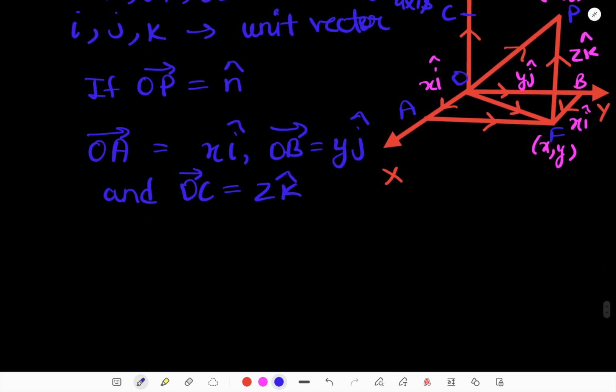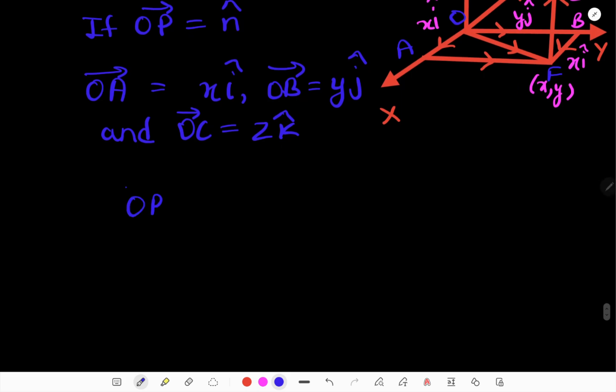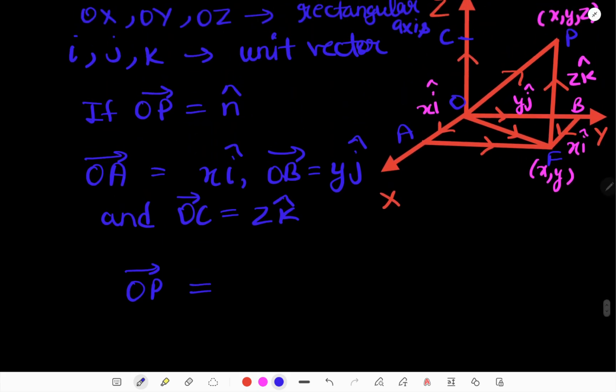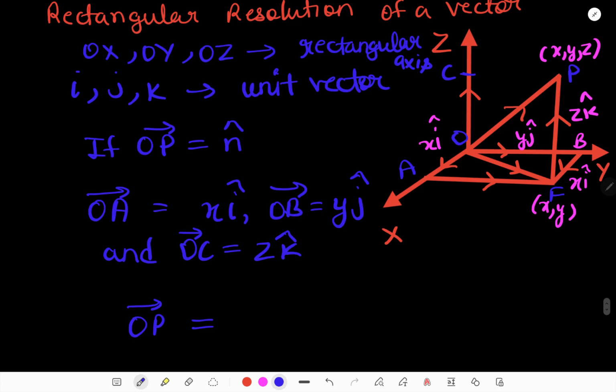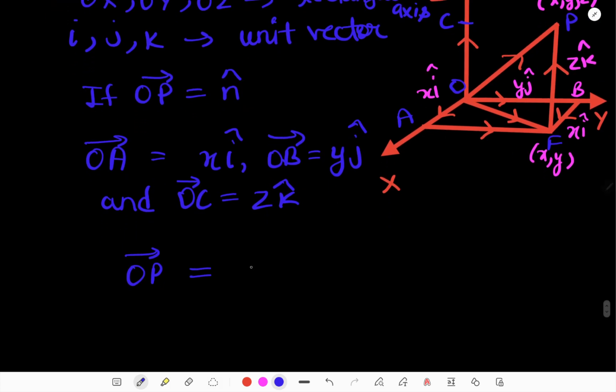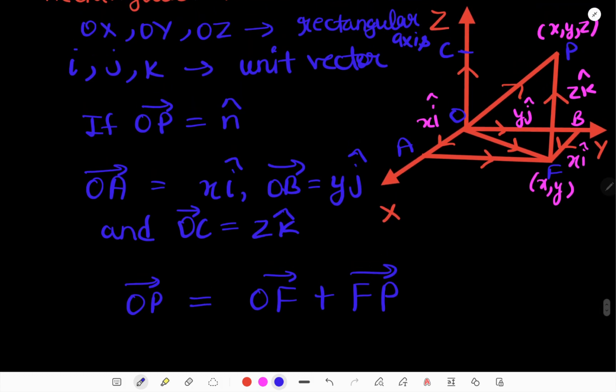If we write OP vector according to the law of addition of parallelogram, we can write OP vector is equal to OF vector plus FP vector. Here you can see this in this figure.